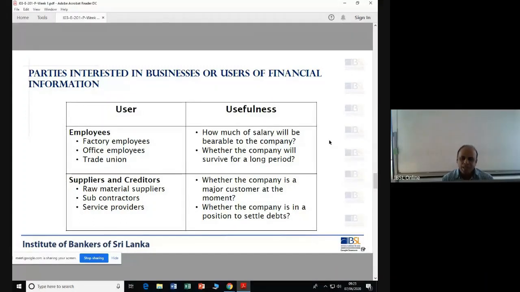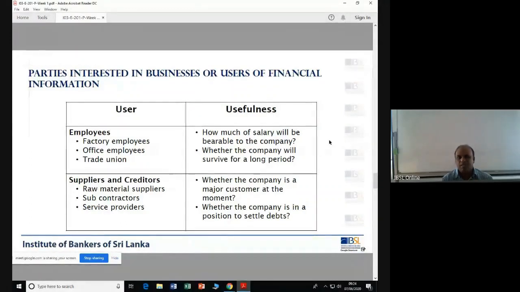Now, under today's context, you might have heard that under this COVID-19 pandemic, there are companies who have gone into pay cuts. So why is that? Because they might have come to a situation where their profits may not be sustainable. In order to make it sustainable, they need to take a few precautionary actions.